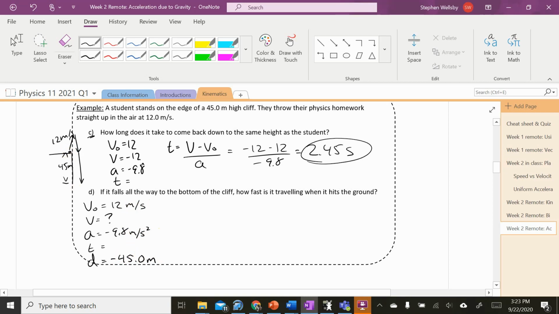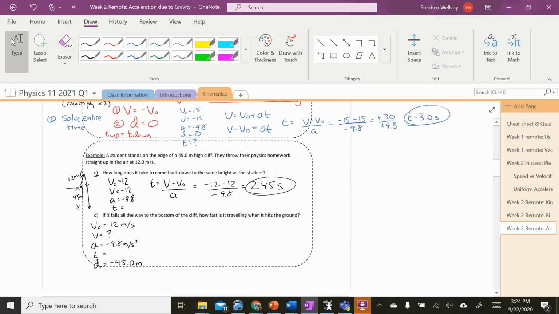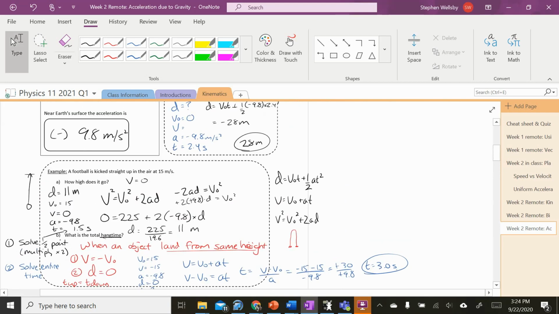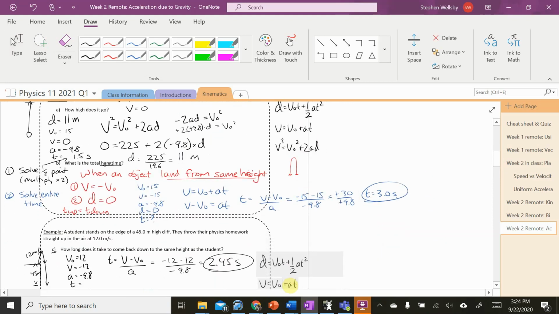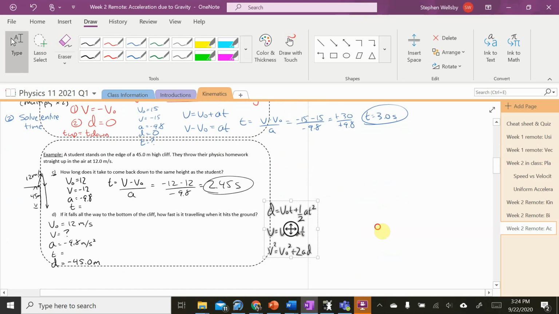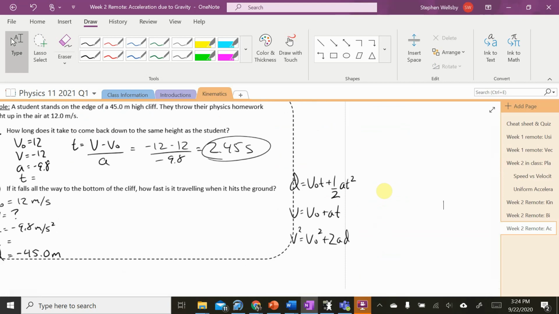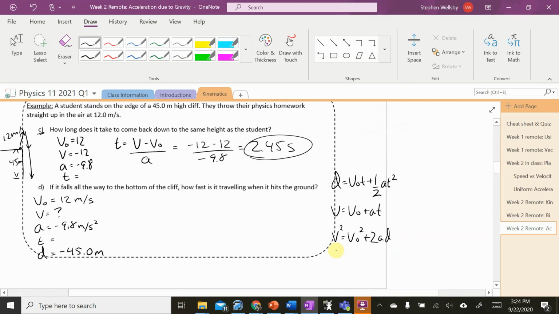So now let's see what we can solve for. We have v naught, a, and d. So let's take a look at these three formulas again and see which one's going to work for us. Okay, we've got v naught, a, and d, and we're trying to solve for v. Well, there's really only one that's going to get us to the finish line, and that's this one right here.